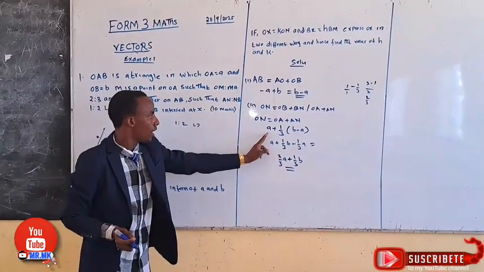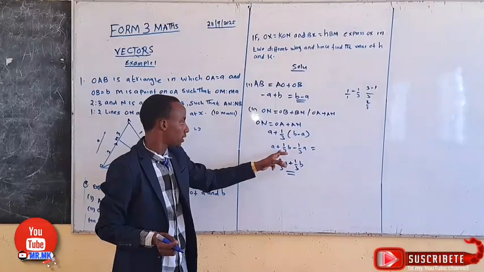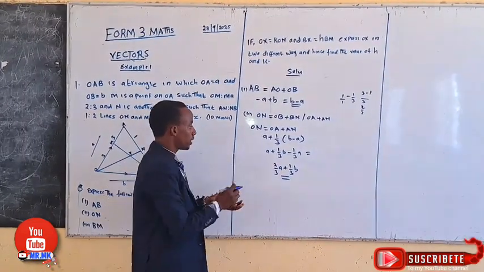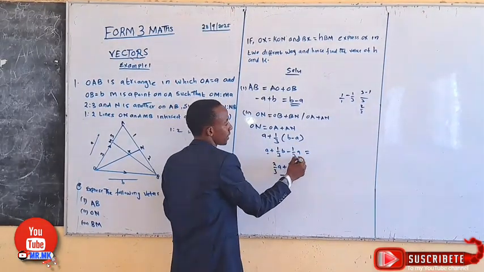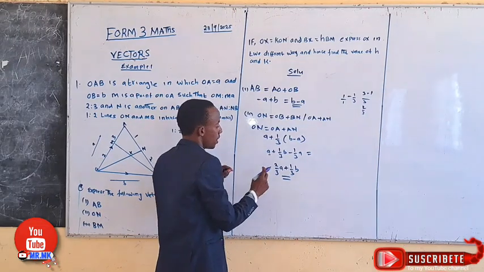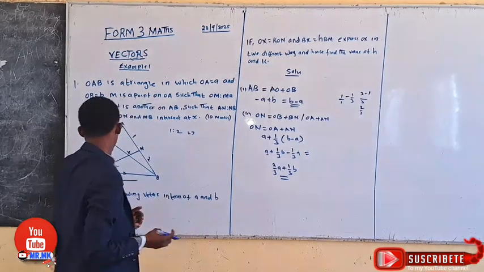For my case here, A plus a third of (B minus A). Open the bracket and collect like terms: A minus a third A is 1 minus a third. We have got 2 over 3 A plus a third B. I think for ON, we have seen it.